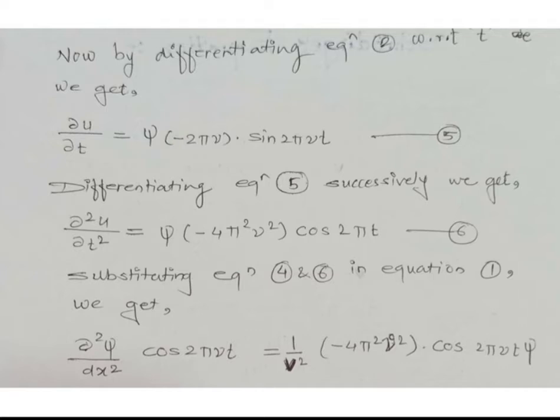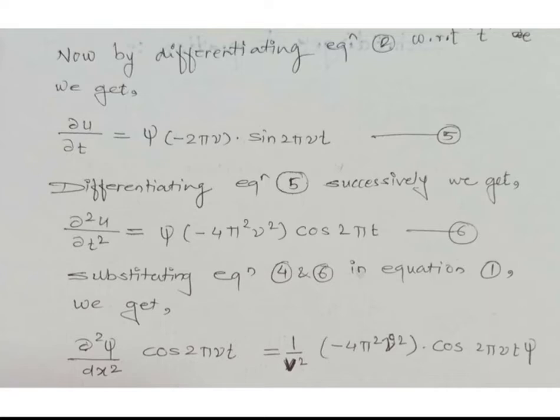Now this is our equation number 5. Here we take the differentiation of equation number 5 again, so it will come as del square u divided by del t square. This will be the second derivative.